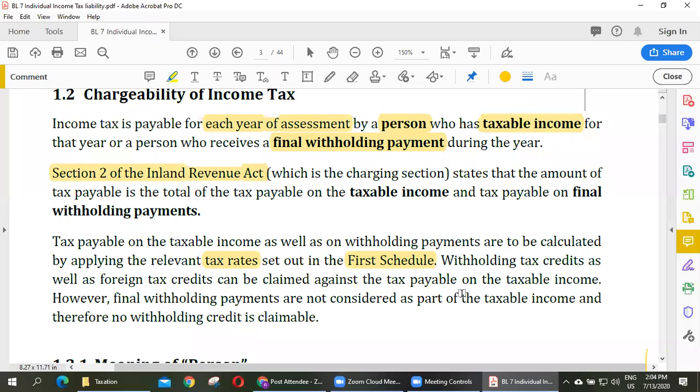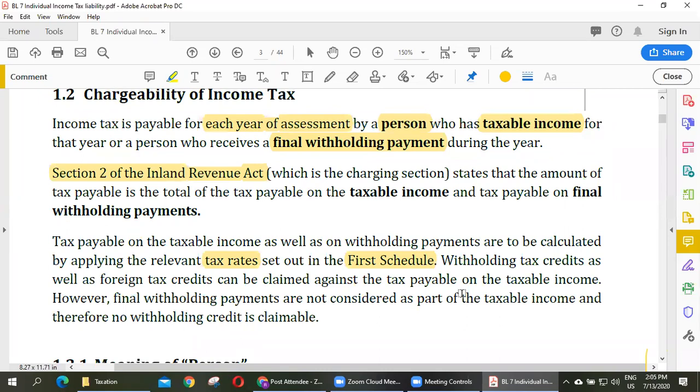The withholding tax credit as well as foreign tax credit can be claimed against the tax payable on the taxable income. Foreign tax credit means, say you are living in England and you are getting income from Sri Lanka as well as in England.